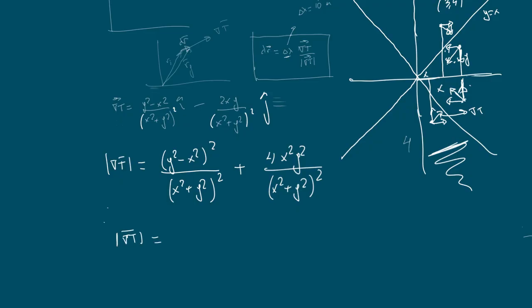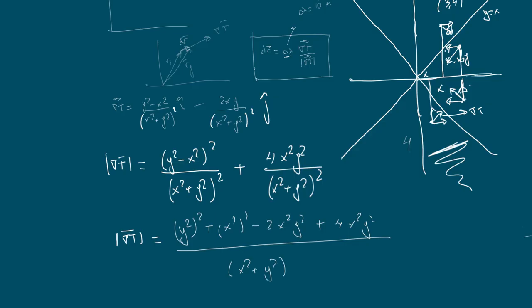They have common denominators, so it will be y to the fourth plus x to the fourth minus 2 times x squared y squared plus 4 times x squared y squared, divided by x squared plus y squared, squared.